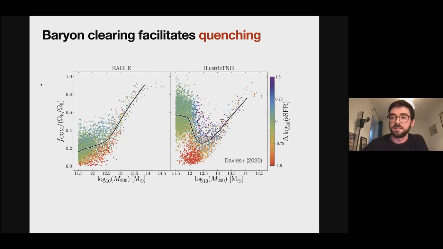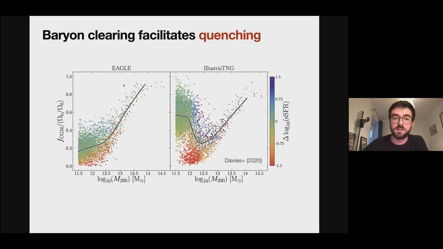So yes, what I just said, this baryon clearing process does appear to be facilitating quenching, and this is where we get down to this whole theme that we have this week of how the CGM impacts galaxy evolution. So this is the same kind of figure I was showing in the previous slide of the gas content of the CGM versus halo mass. But now I'm coloring essentially by the specific star formation rates of the galaxies at the centers of these halos.